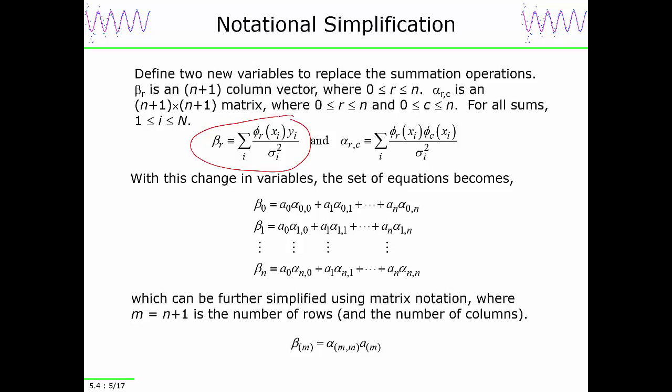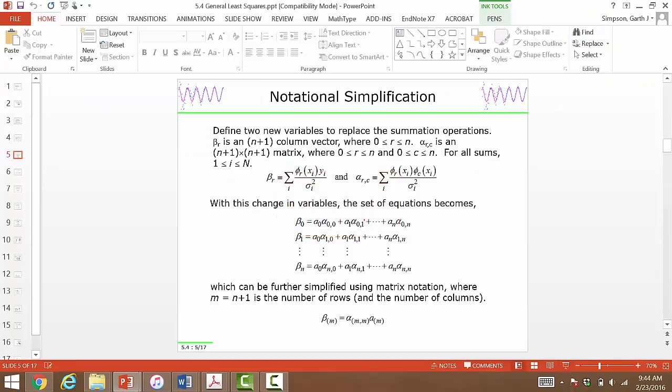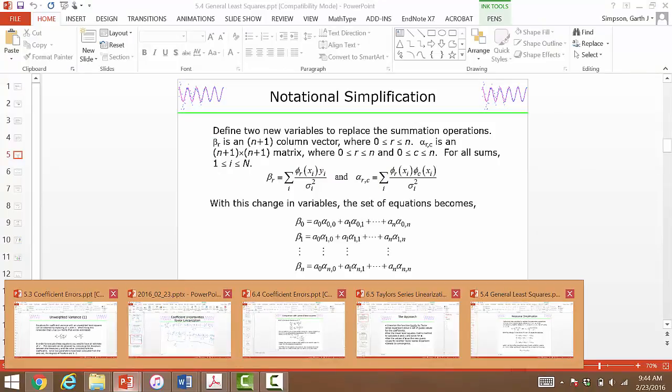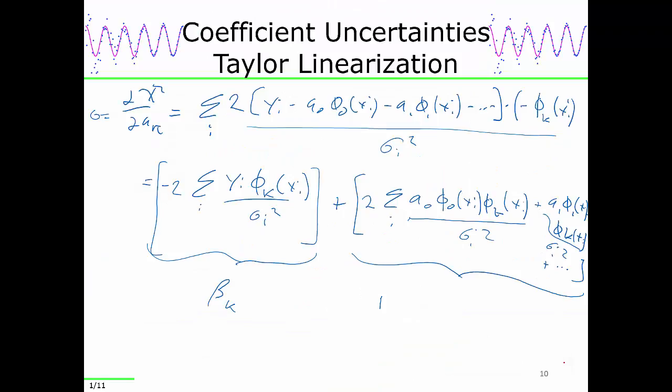Because we just calculated that. That's what beta is. Beta sub k is that, or beta r in this case. What about alpha? Well, if we go back to the other one, this term right here is one of the elements of alpha.